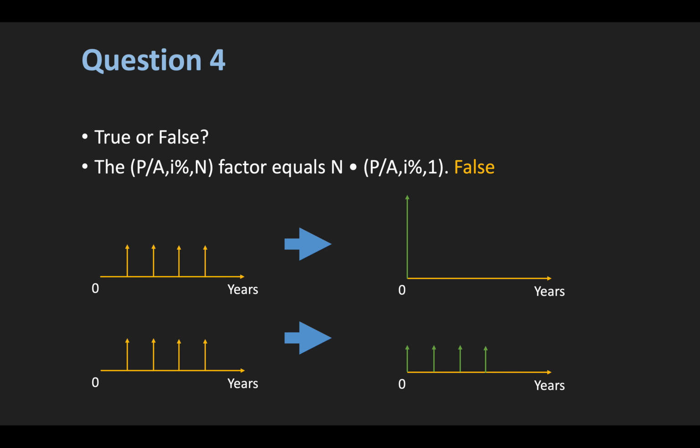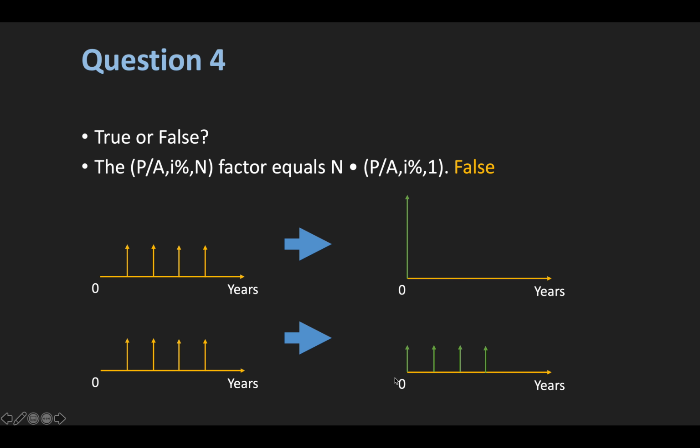Of course, this is not correct because not all the annuity has been brought back to year 0. Think about it. We basically moved this here, moved this here, moved this here. We did bring everything 1 year back, but only this one has a present value.